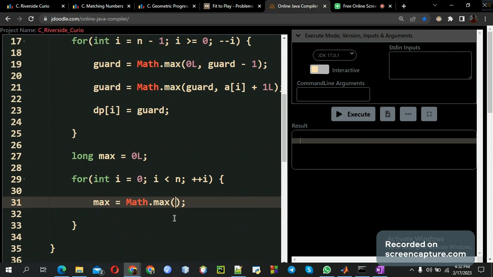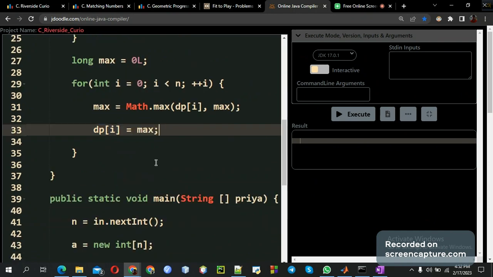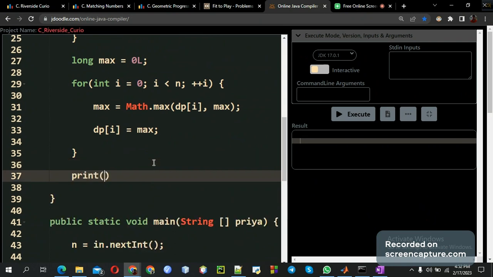Max of dp of i, and max dp of i is equal to max. So we get this array.